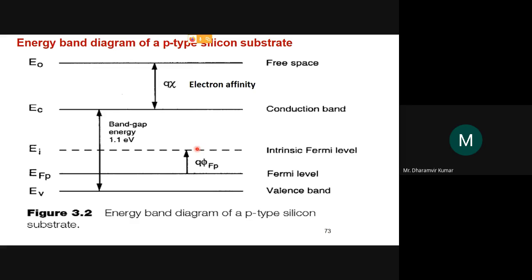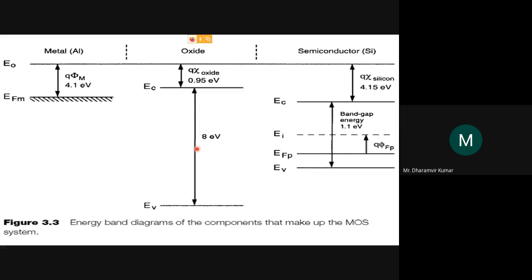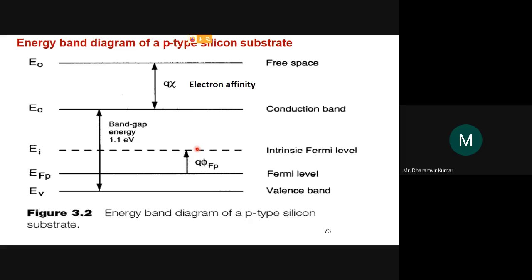So the question will come to mind: how is this electron affinity different from work function? If you can remember the definition of work function, this time is already 3:20, so going very quickly.